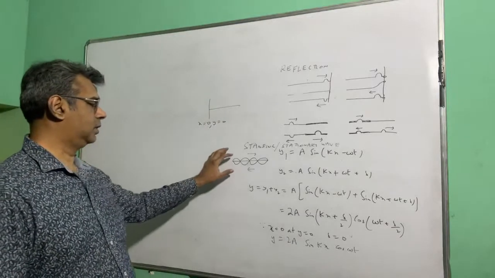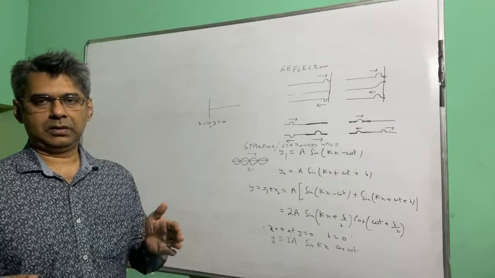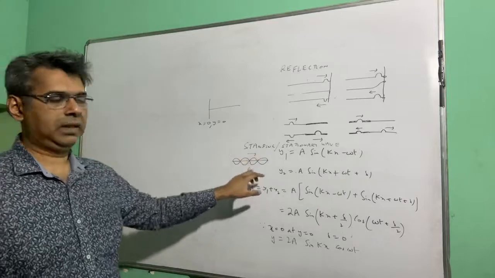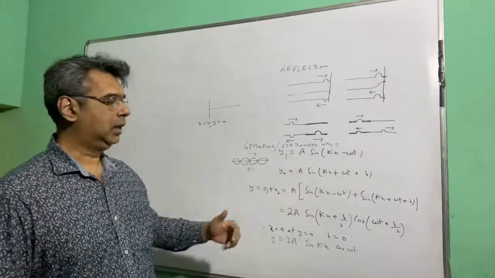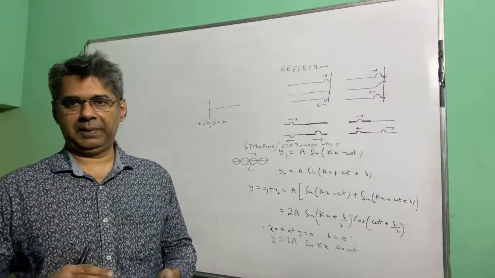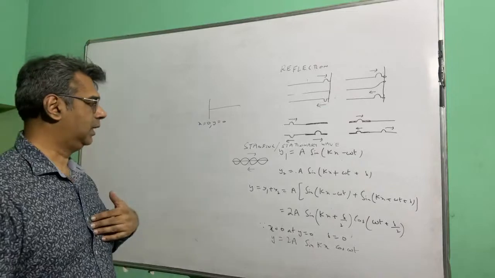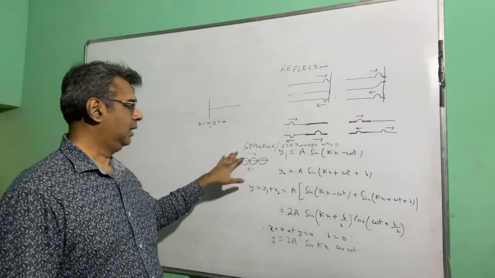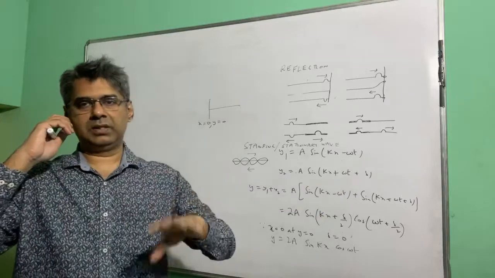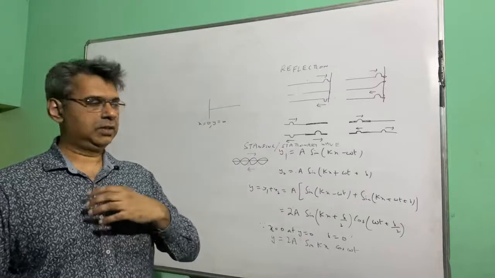And when you consider their superposition, you will get an impression that the overall thing is neither going right nor going left. It is just standing at one place and flapping up and down. So that is why it is called a standing or a stationary wave.